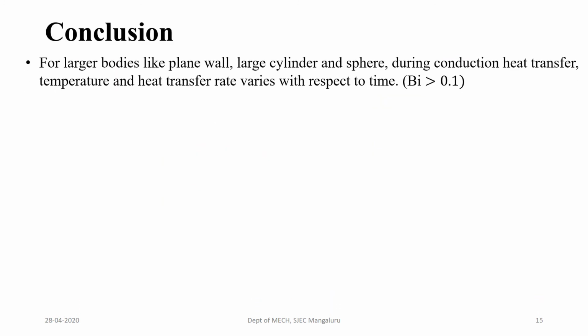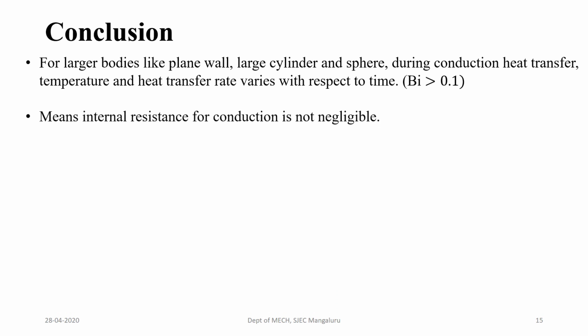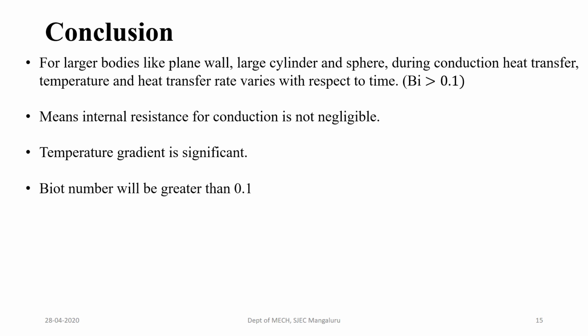Therefore, all large bodies like plane wall, large cylinder and sphere, during conduction heat transfer, are subjected to change in temperature with respect to position and time, and Biot number will be greater. It means internal resistance is not negligible. There is a temperature gradient, therefore Biot number will be greater than 0.1 in such large bodies.